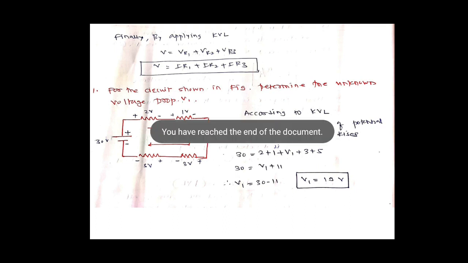So 30 is equal to V1 plus 11, because 2 plus 1 is 3, 3 plus 3 is 6, 6 plus 5 is 11. So V1 is equal to 30 minus 11, therefore V1 is equal to 19 volt. This is a good example to understand KVL. Thank you. Next we will study more examples to understand KVL.